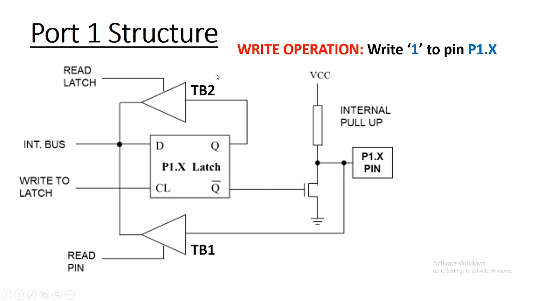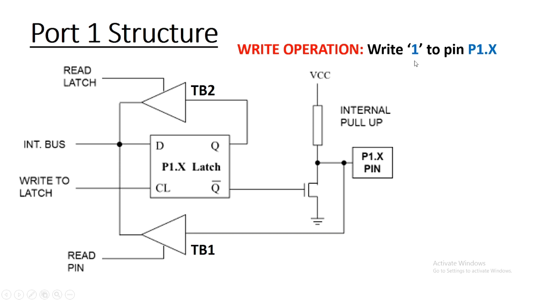Any port can be configured as an input port or output port. To configure any port or any particular pin as an input, we have to write 1 to it.